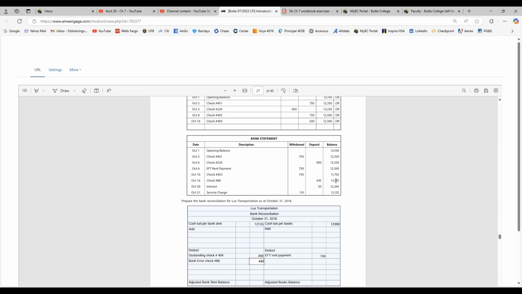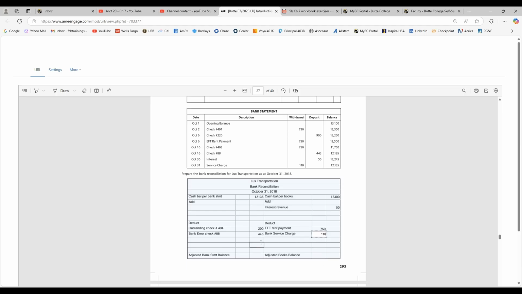So this cash balance includes it, but it really shouldn't. Okay, and then we've got interest revenue, and that's $50. And finally, a bank service charge for $110.